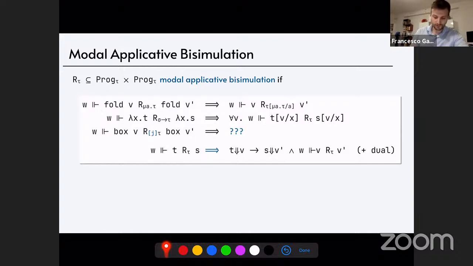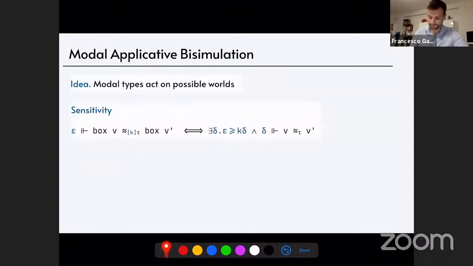The key point, of course, is to understand what happens when we are trying to equate two programs that can be used according to J, so that they have a modal type, in a world W. And the idea is to understand that modal types actually do not really act on programs, they act on possible worlds. So again, we can look at some examples.